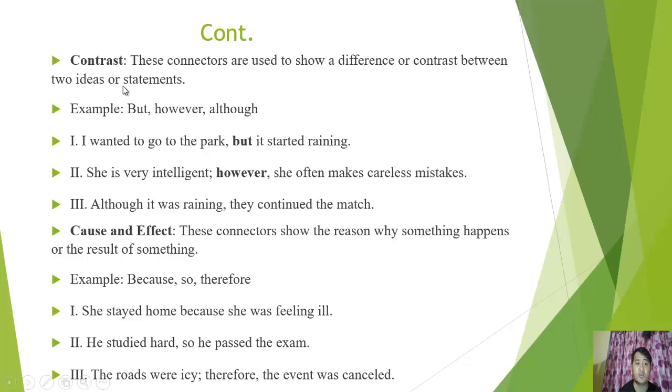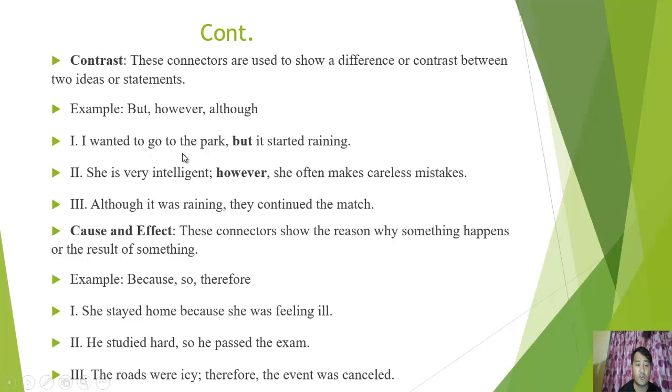And under this contrast also we have three examples: but, however, although. So let us go through the examples of how but, however, although are employed in a sentence. Firstly, let us go with but. How but is used to connect two different or contrast ideas.